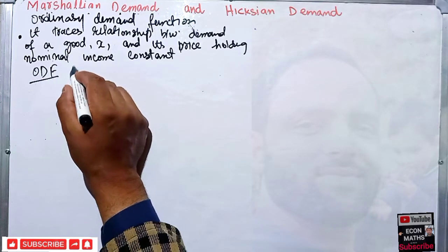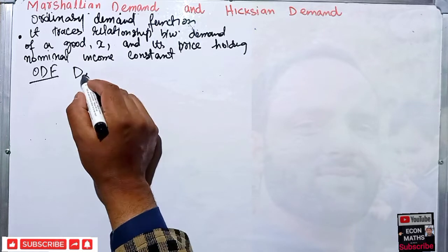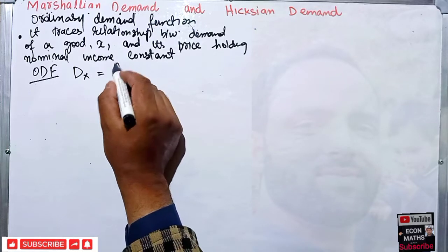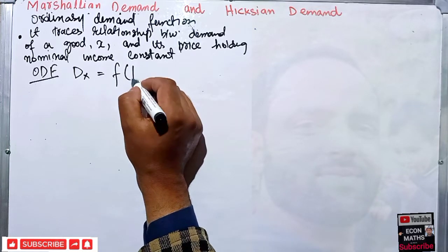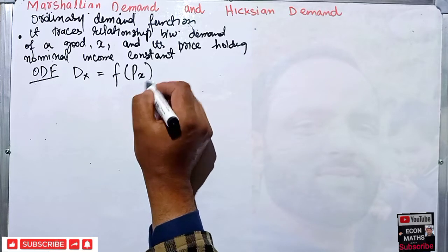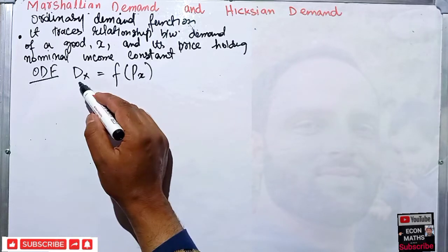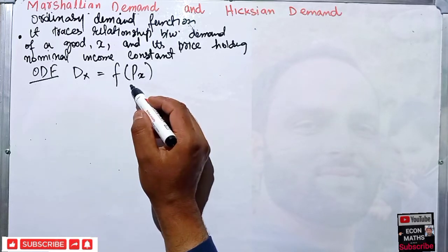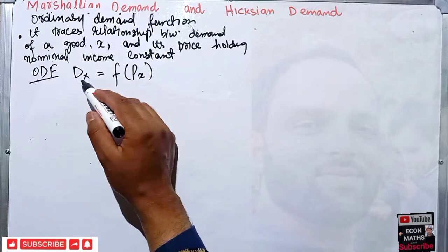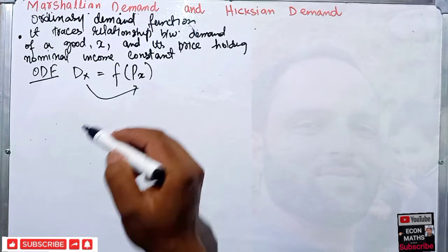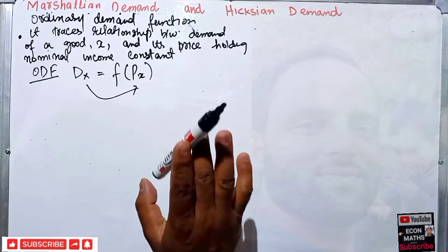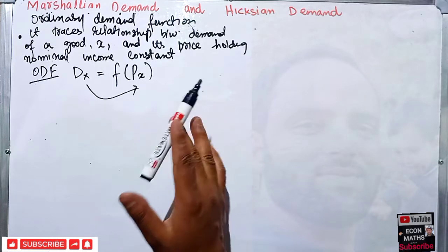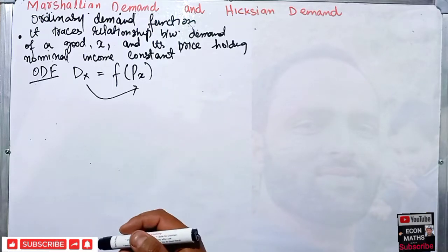That is, demand for, let us say, good X is a function of price. So it actually traces the relationship between the demand for good X and its price holding the nominal income constant. This is the main essence of the Marshallian demand function.